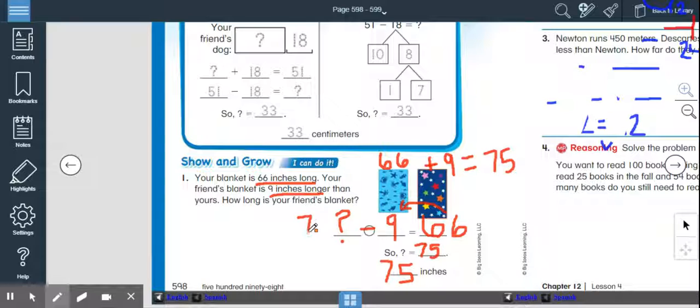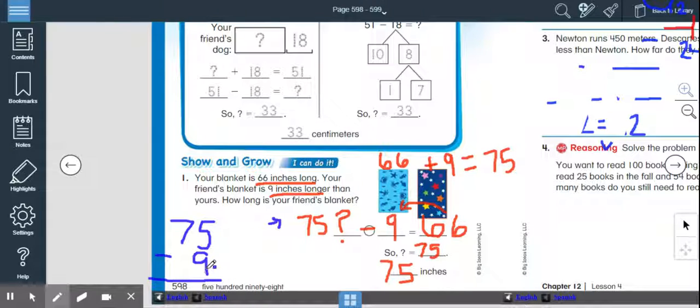And if you plug a 75 up here, boys and girls, where the question mark is, you can check your work. Is 75 minus 9 66? Well, let's count out loud and see. Let's start at 75 and count back 9. Or I can come over here and write it up and down like we do in class. 5 minus 9.